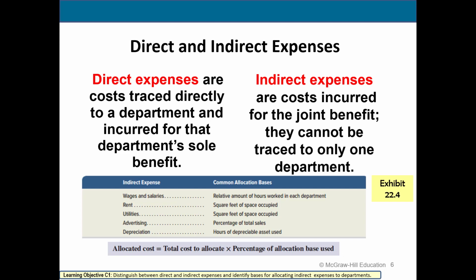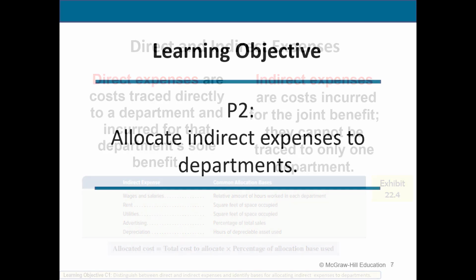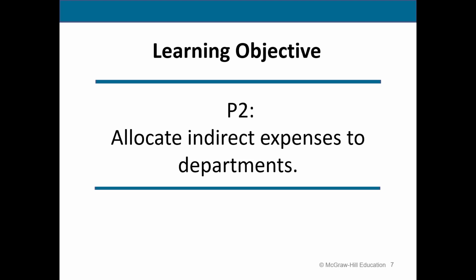For example, if you have a building that houses multiple departments, all the departments will benefit from rent, heat, and light. Since we cannot trace indirect expenses to individual departments, we must allocate them on the basis of the relative benefits each department received. We will look at allocating indirect expenses next.